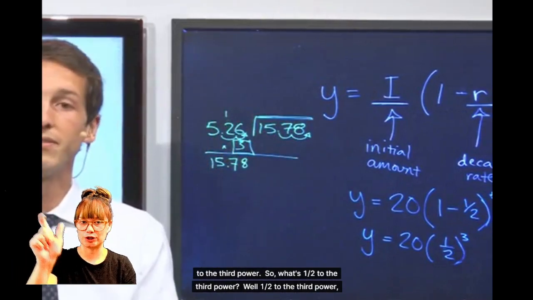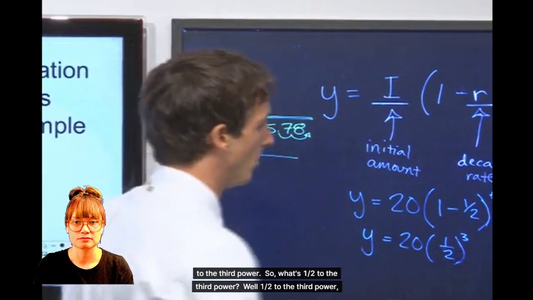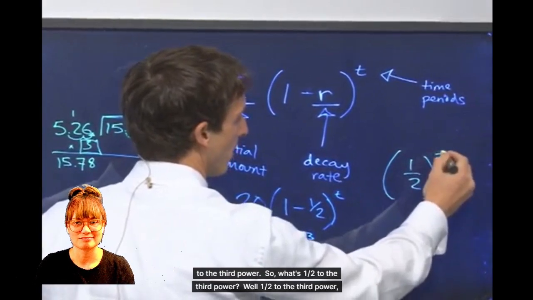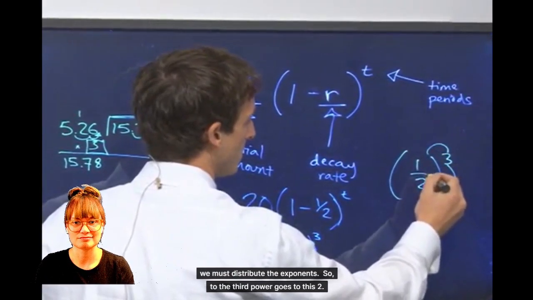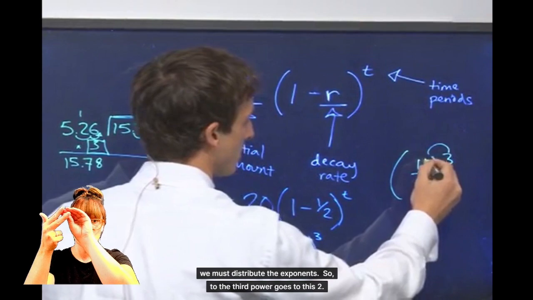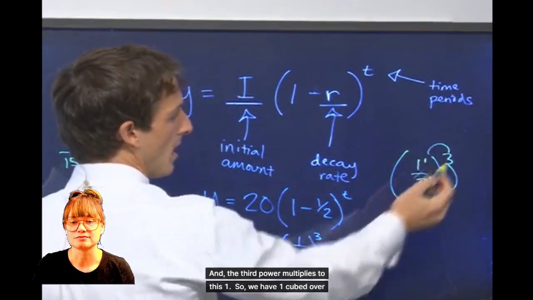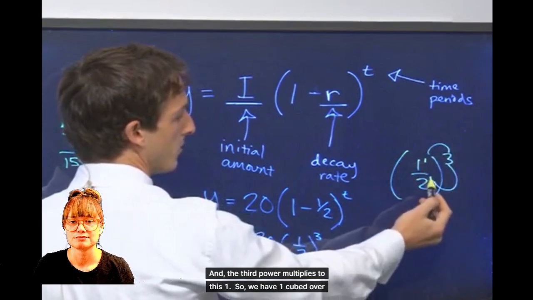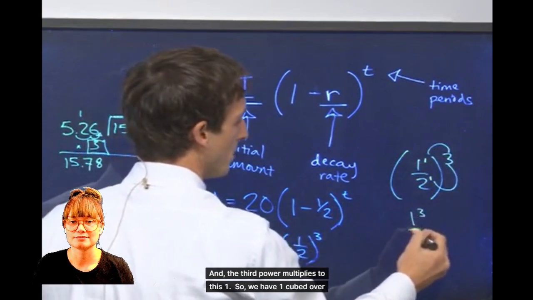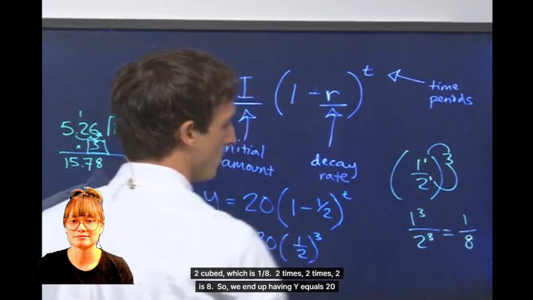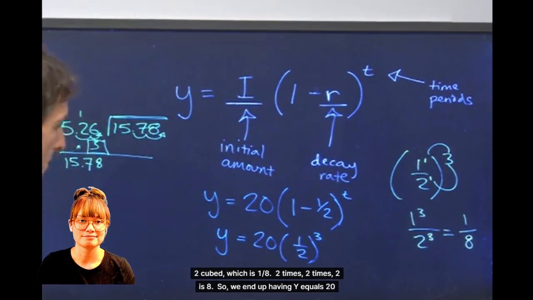So what's 1/2 to the 3rd power? Well, 1/2 to the 3rd power, we must distribute the exponents. So the third power goes to the first power in the numerator, and the third power goes to the first power in the denominator. So we have 1 cubed over 2 cubed, which is 1/8. 2 times 2 times 2 is 8.